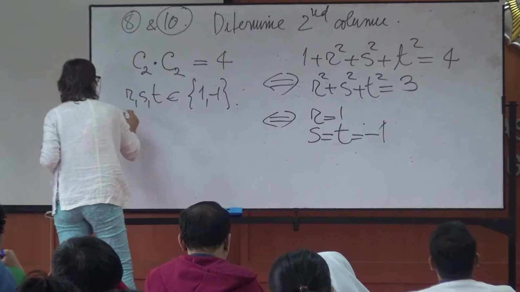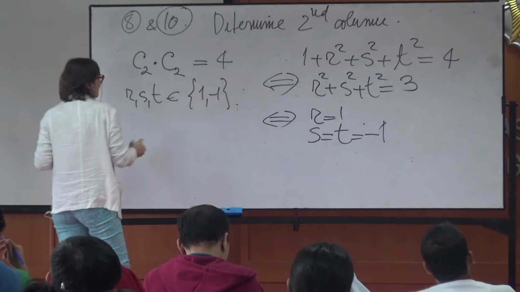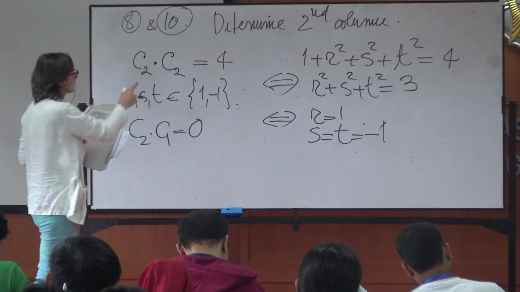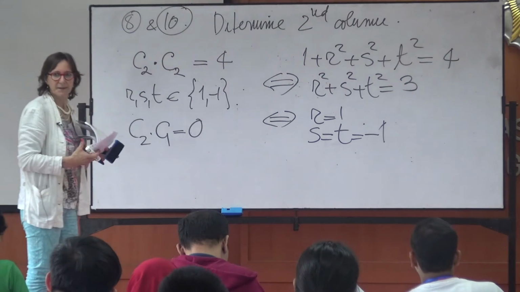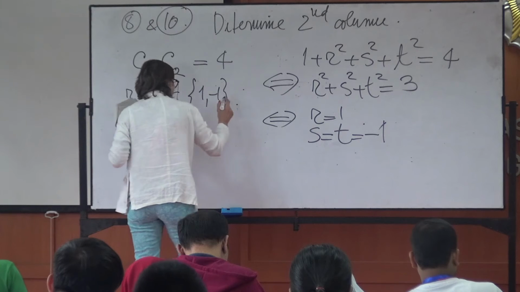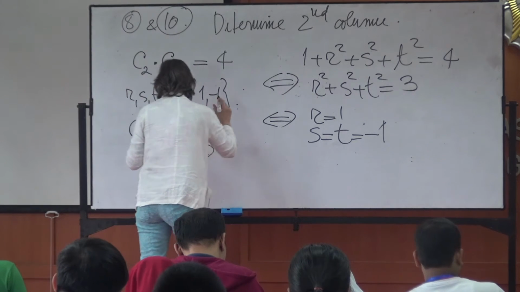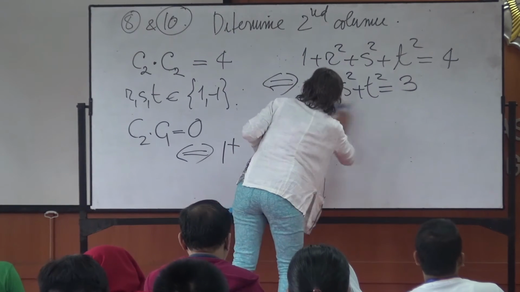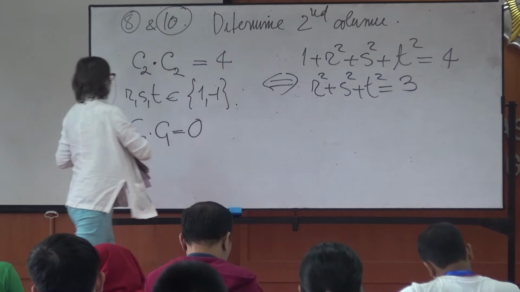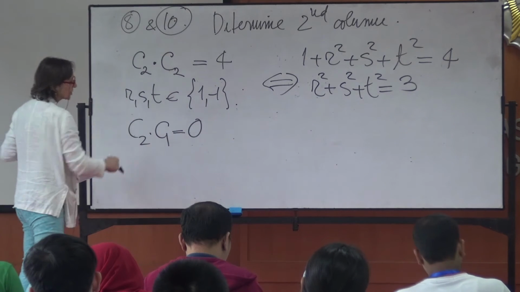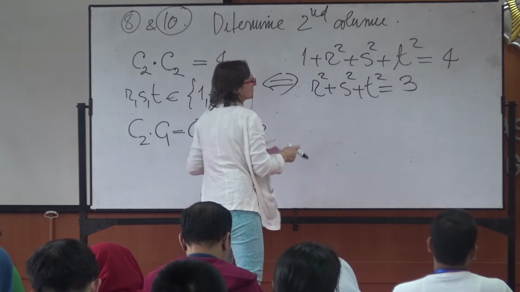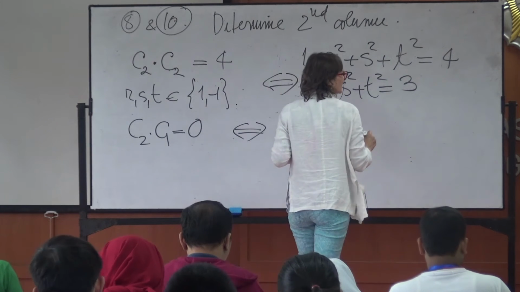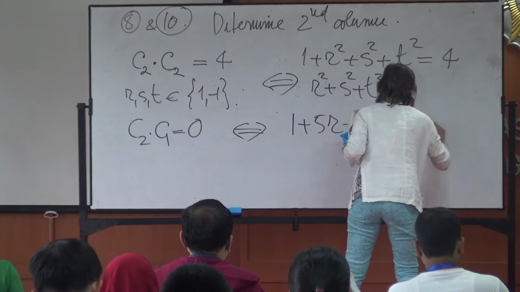We also have that C2 dot C1 is 0. This is equivalent to 1 plus 5R plus 3S plus 3T equal to 0.